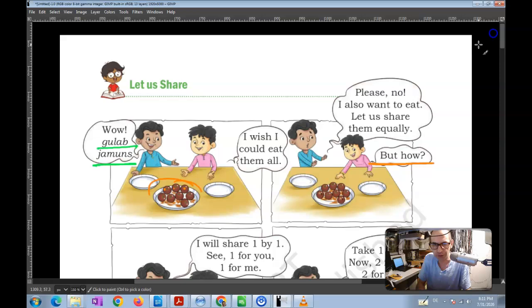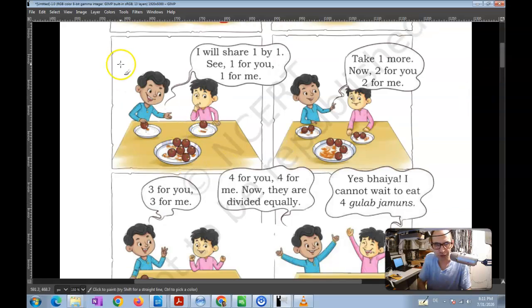The total number of gulab jamuns that we started with was 8, right? We had these 8 gulab jamuns, and we took away 2 of them, and then we were left with 6 of them.